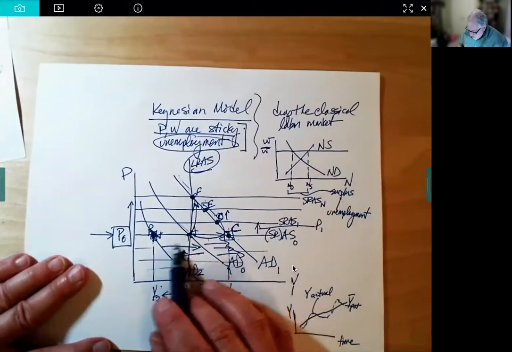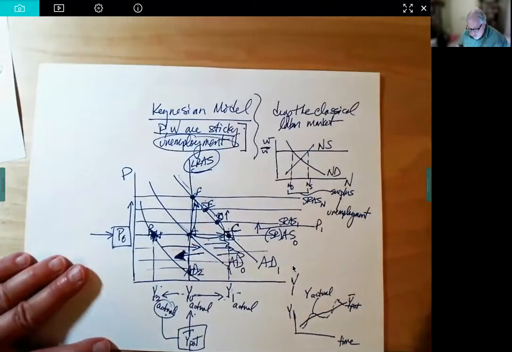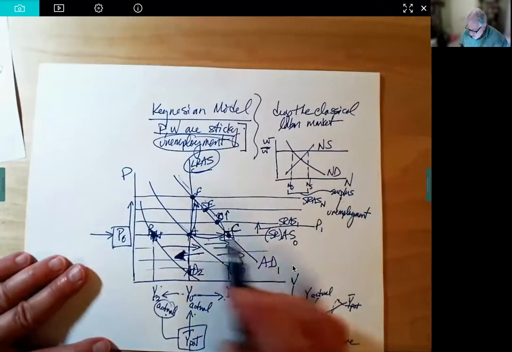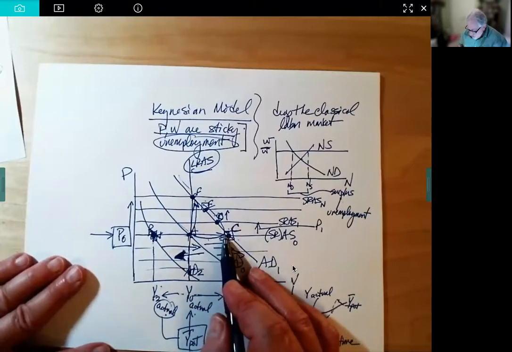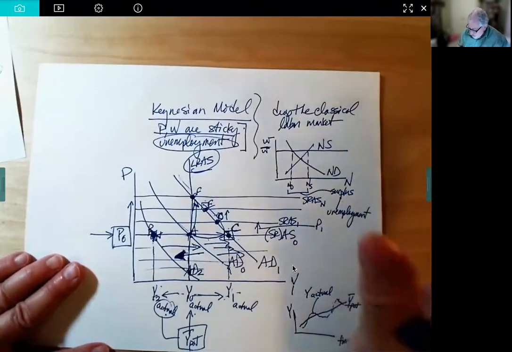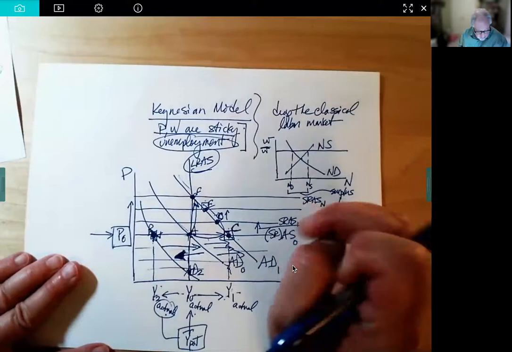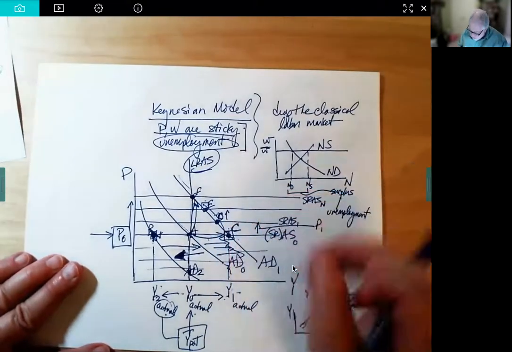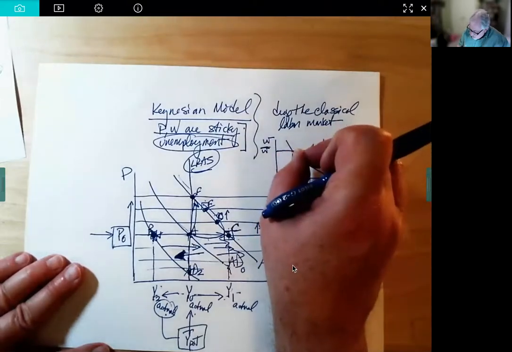So if there's less demand, they produce less. If they produce less, they hire fewer workers or they lay off workers. If there's increased demand for their products, then they produce more and they hire more workers. And by hiring and demanding more or fewer workers, depending on what's happening in demand for their products, the unemployment rate either gets bigger or smaller.